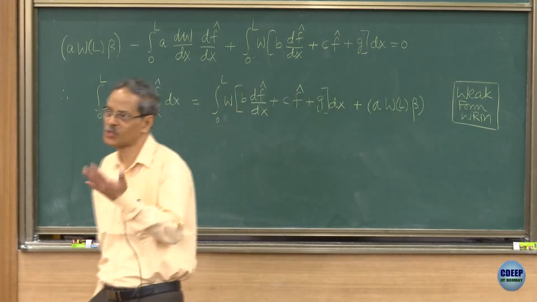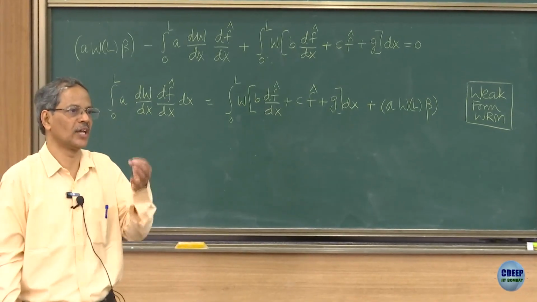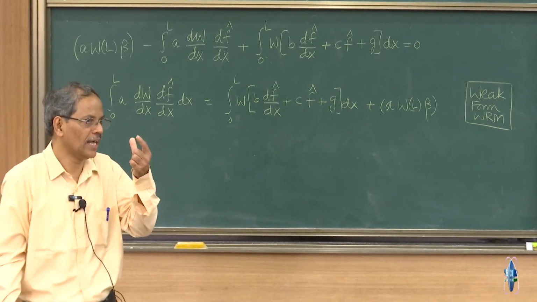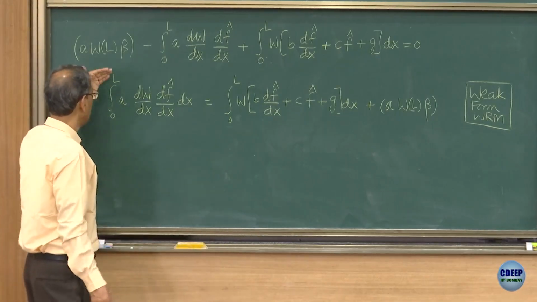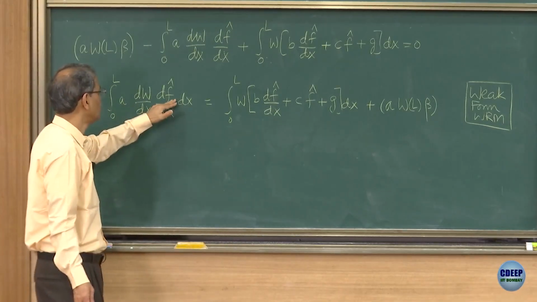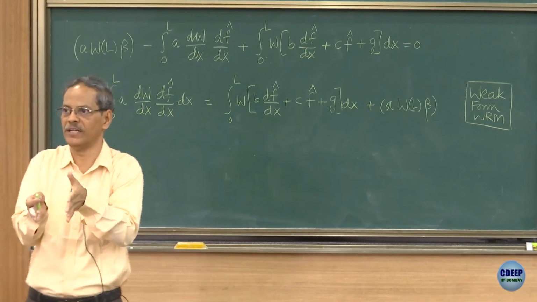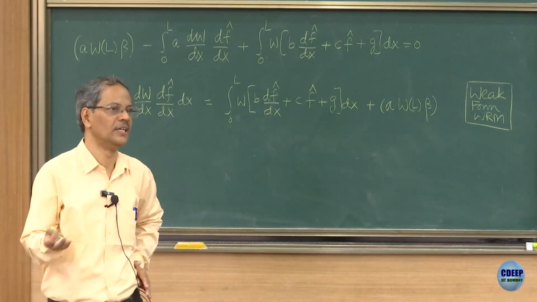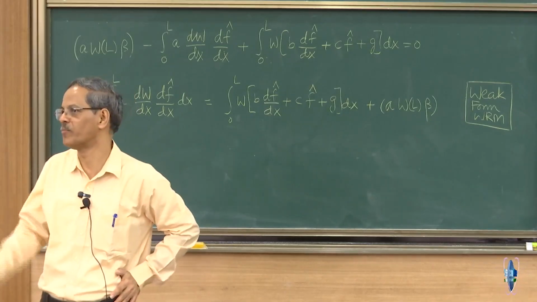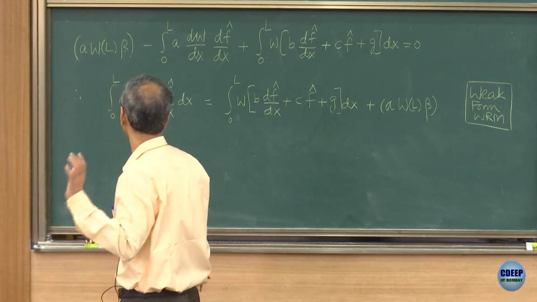Now, when we introduce piecewise continuous trial functions, each trial function being defined only on that element, I do not have from 0 to capital L, but I am going to take f hat to be defined over that element only. That is what we did in the previous class, using linear, quadratic, cubic, whatever shape functions or trial functions, interpolation functions, whatever name you give.